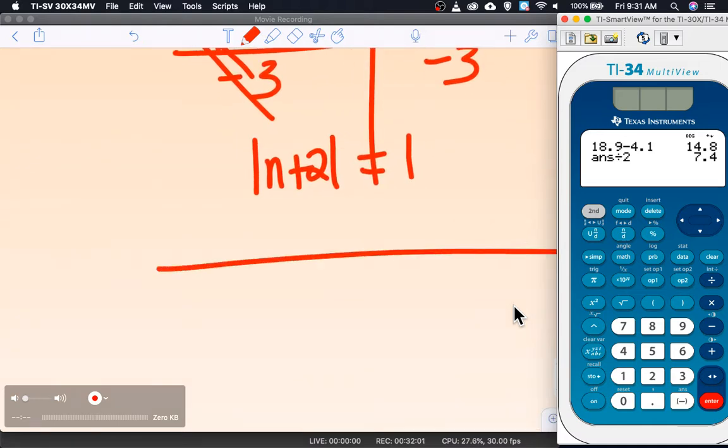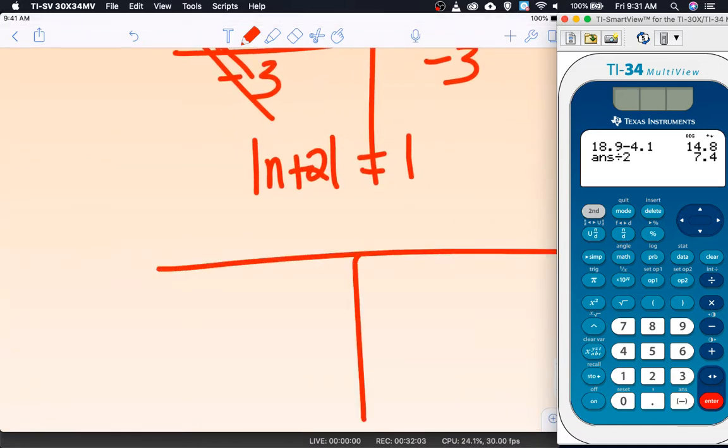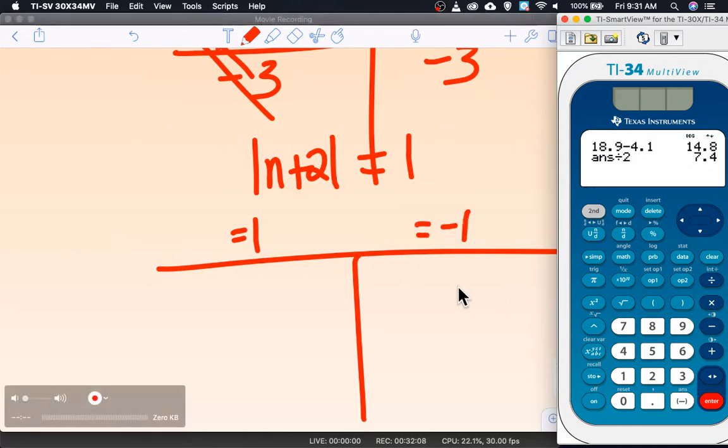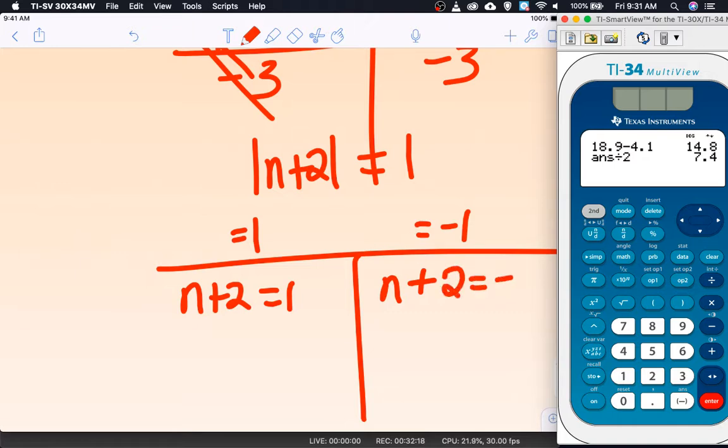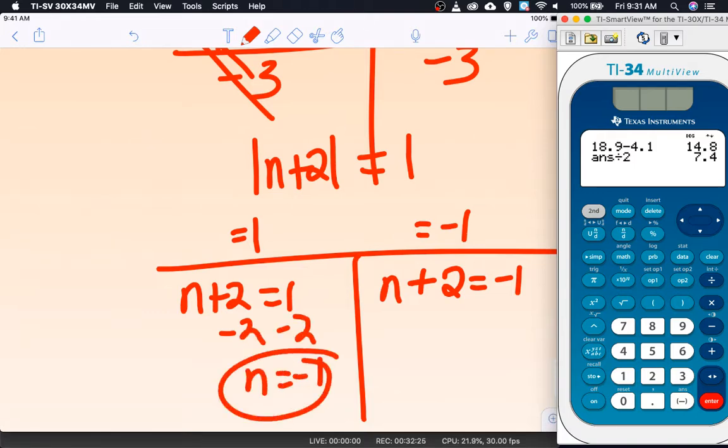So then we're going to break this down and say, I want the stuff inside the absolute value bars to equal 1 and the stuff on the inside to equal a negative 1. And we solve. n equals negative 1. n equals negative 3.